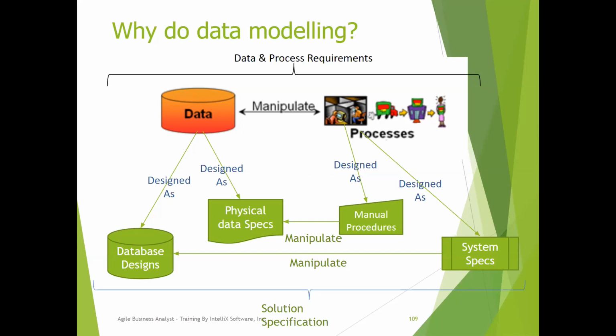Another aspect is that when you bring that down into the system, it becomes a database design. Processes are originally designed as manual procedures, which interact with the physical data specs. But when you convert them into systems, those system specs interact with the database, which is the design. Both the data and process together form your solution.